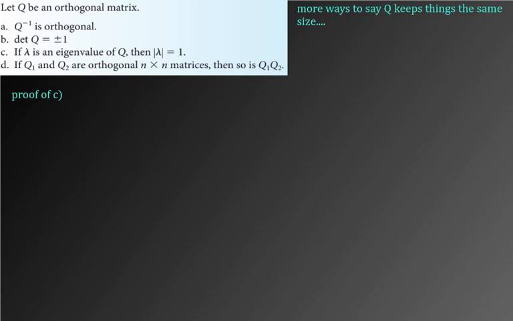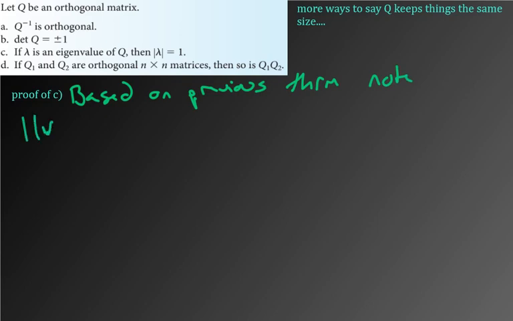I want to actually just prove C right now because it's a cool application of what we just did in the last equivalence theorem. It uses part of that. Specifically, we can say based on the previous theorem, note the magnitude of v is equal to the magnitude of Qv.